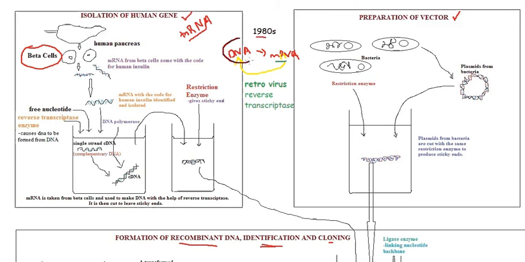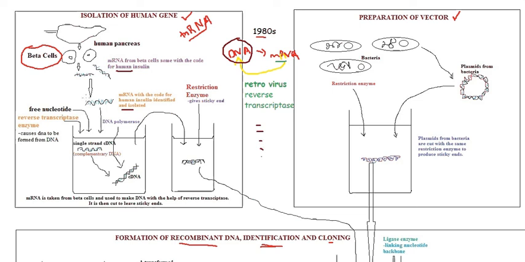After getting our DNA, this one is called complementary DNA. We took the RNA from beta cells, and the mRNA with the code for human insulin is identified and isolated. These days we can see the nucleotide sequence, so we identify the one with the code for human insulin and isolate it.